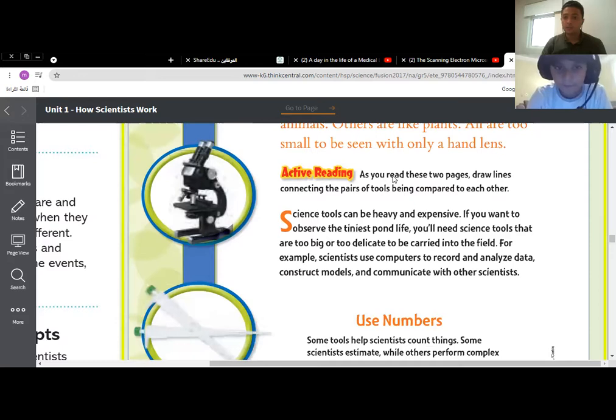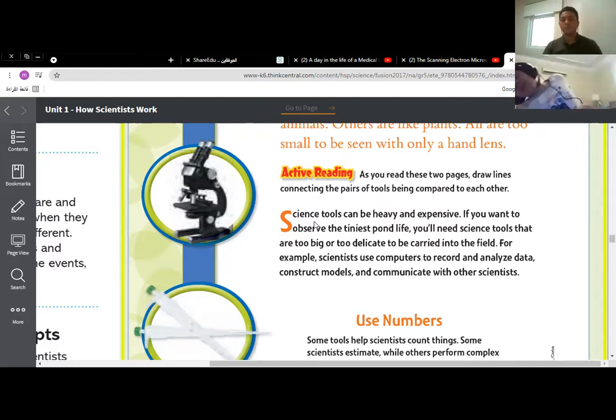As you read these two pages, draw lines connecting the pairs of tools being compared to each other. Scientists' tools can be heavy and expensive.